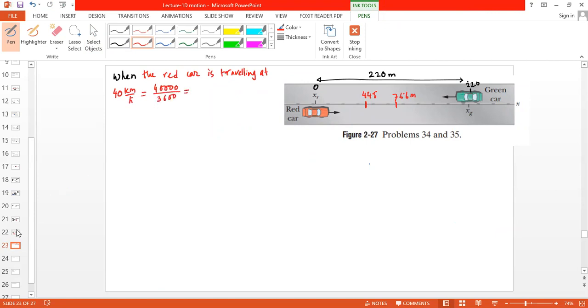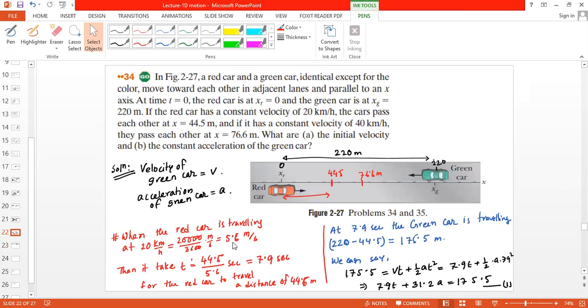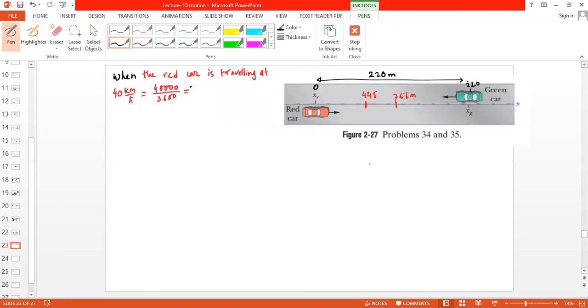Just double 5.6, right? That is 11.2 meter per second.